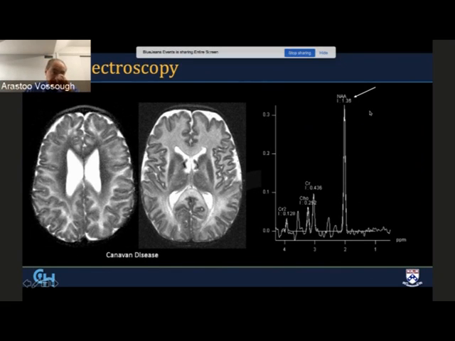You might see something similar in Salla disease, though in that case it's not NAA, it's sialic acid. So looking for specific signs on spectroscopy would be helpful rather than just a blanket approach. There are other metabolites that we may be targeting, such as succinate, some other amino acids.